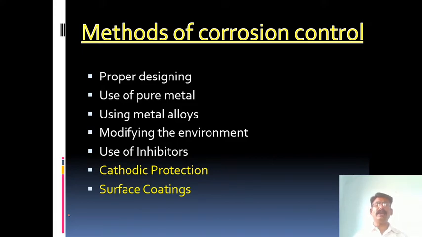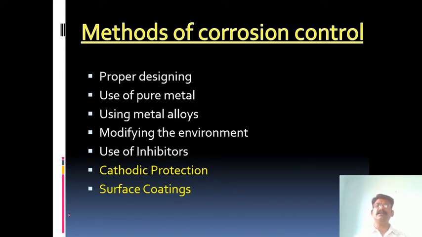Before that, the other methods are designing the metal properly and how to use the metal, use of pure metal and metal alloys, modifying the environment, and use of inhibitors.